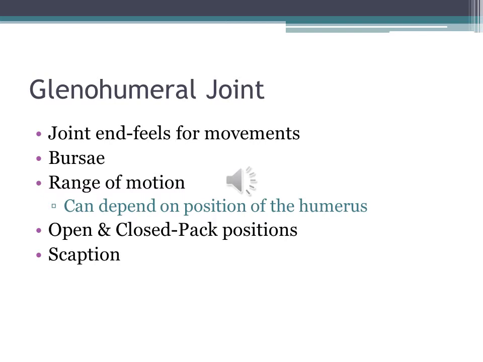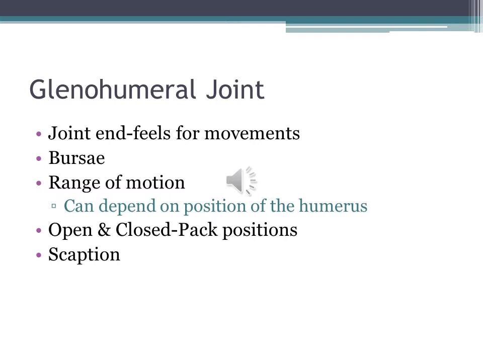Looking at the open and closed packed positions, so the open packed position for the glenohumeral joint, where you're going to get the most amount of arthrokinematic motion, is 20 to 30 degrees of horizontal abduction and about 55 degrees of flexion.